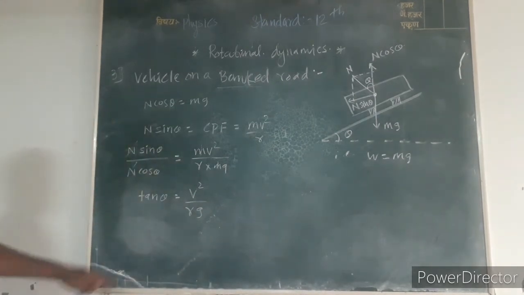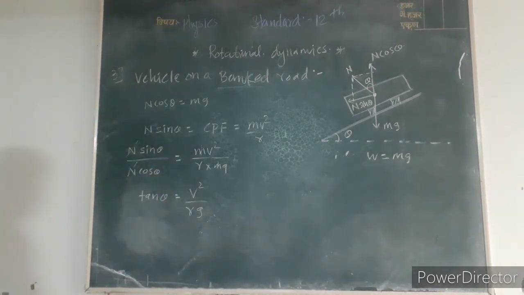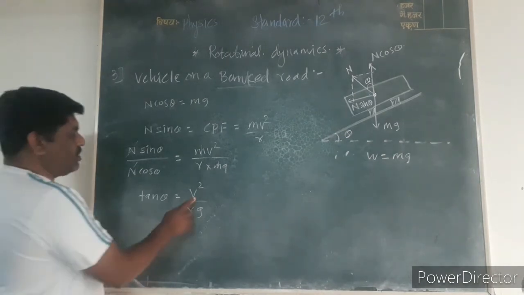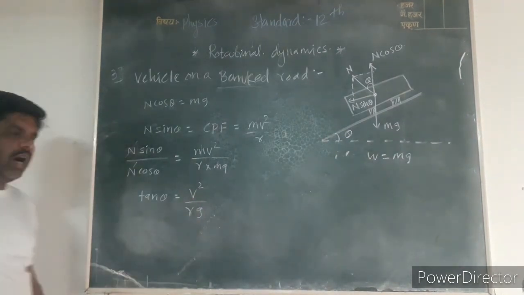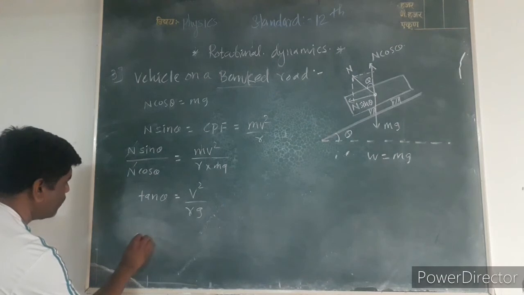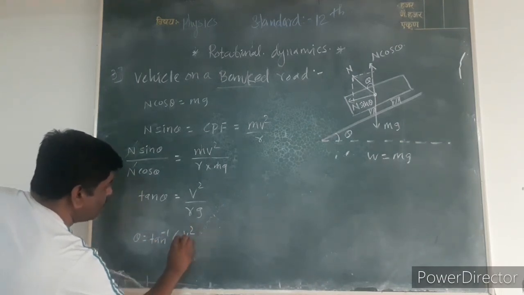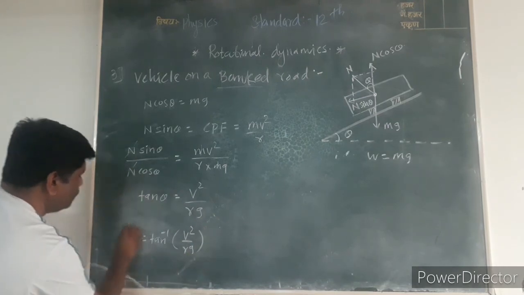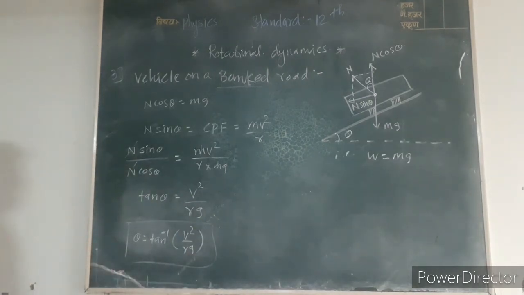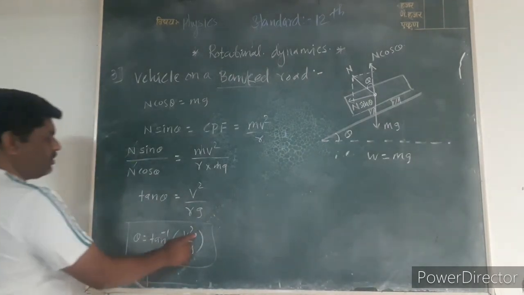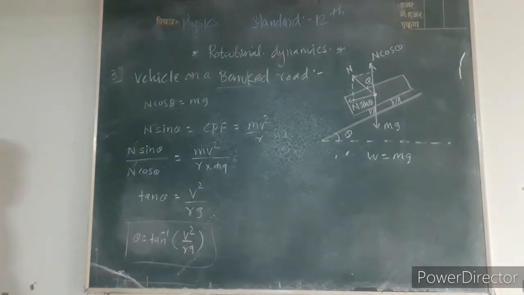Again m cancels, then we get tan theta is equal to v square upon rg, or theta is equal to tan inverse of v square upon rg, where this theta is called the angle of banking.